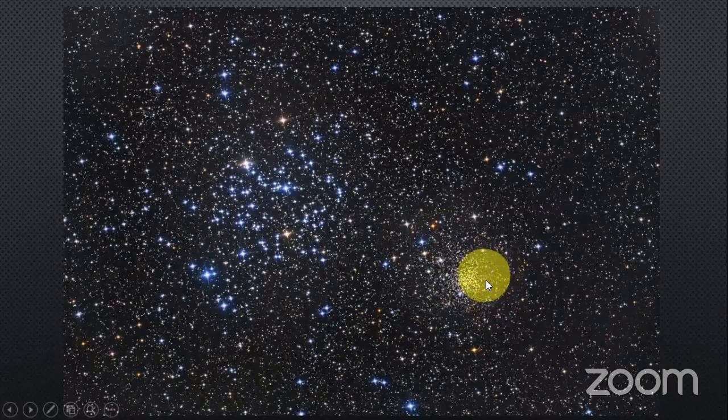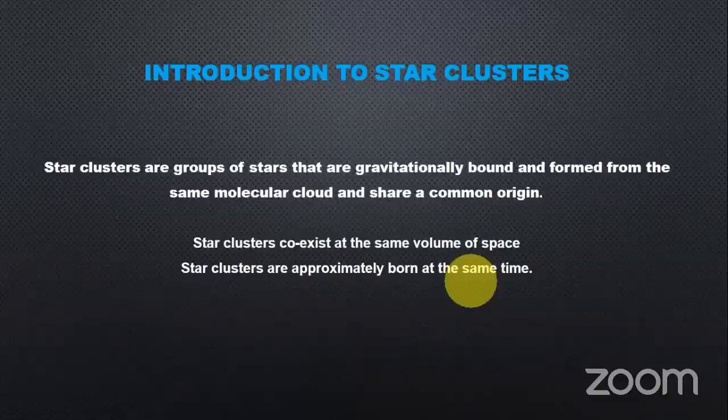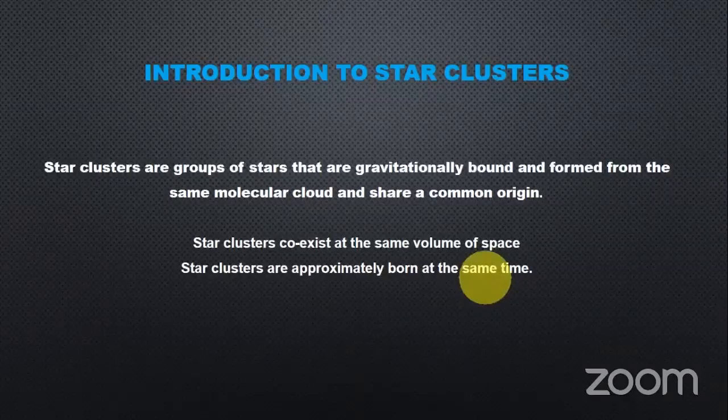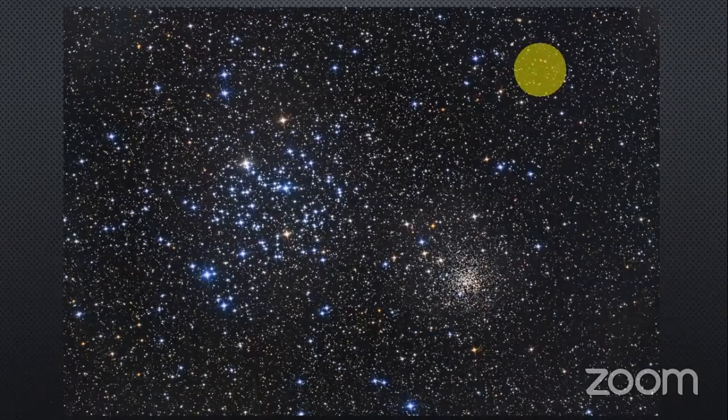So anytime you identify star clusters, these two things should come to mind. They coexist in the same volume of space, and they are born approximately at the same time. These other stars that you see here may not be in the same volume of space. They can be at different locations. Remember what I talked about, physical double stars. Physical double stars are chance alignments of stars.